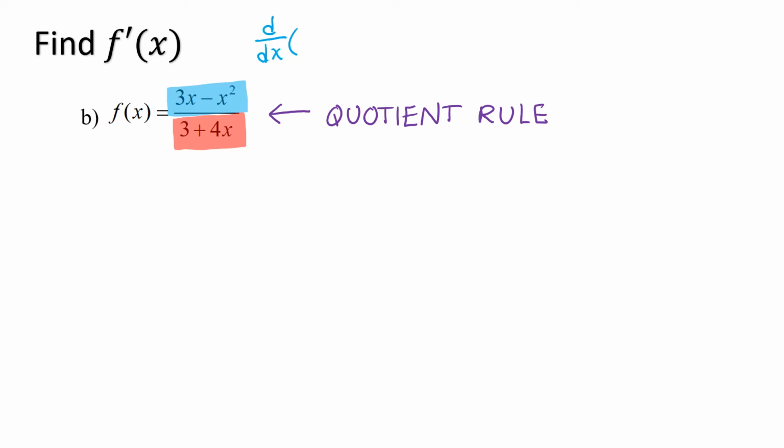So the derivative with respect to x of 3x minus x squared is equal to 3 minus 2x, and the derivative with respect to x of 3 plus 4x is equal to 4.